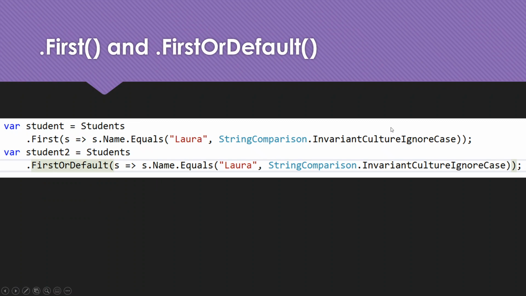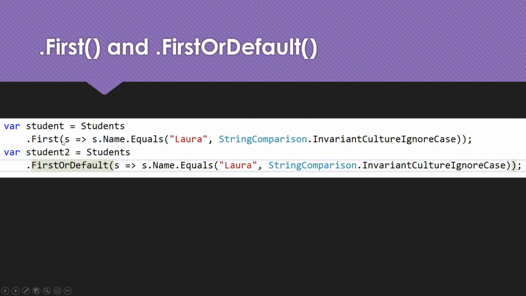So an example here is if I have a list of students and I want to find all of the students, or the first student, whose name is Laura. We can do either of these two things. Either we could look for the first one. If this doesn't have an answer, this will throw an exception. FirstOrDefault will send you back a null student, a blank student, if it doesn't find Laura.